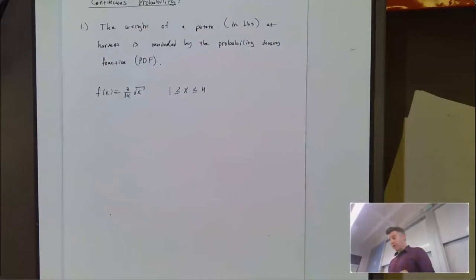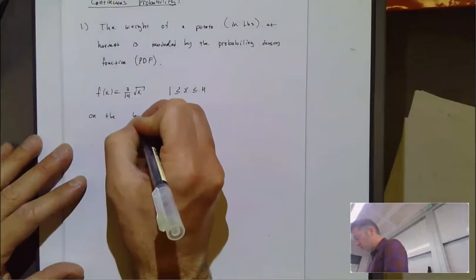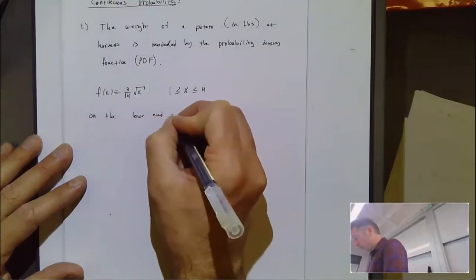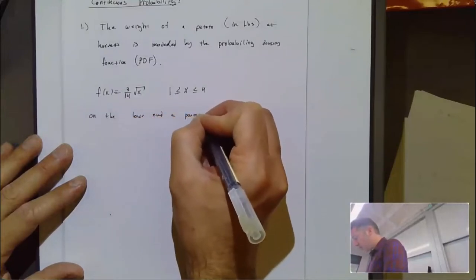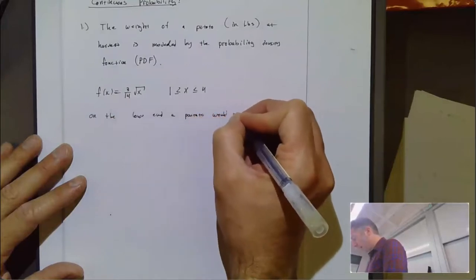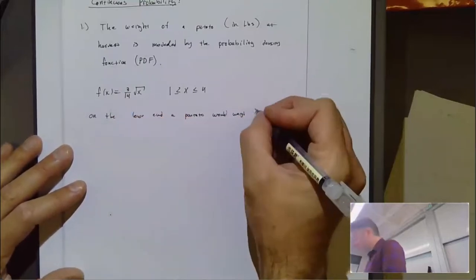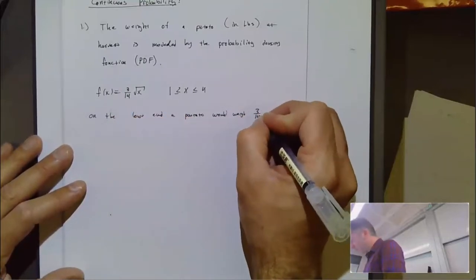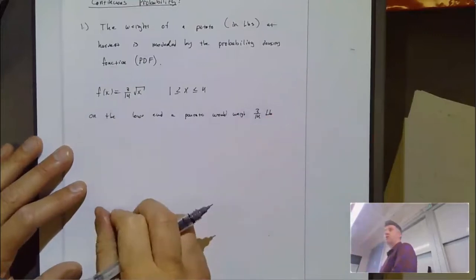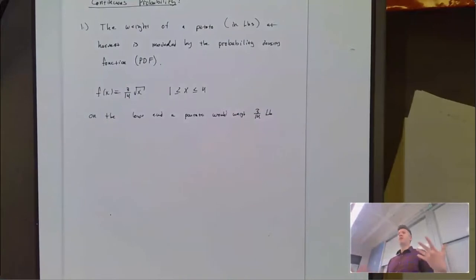Just as a point, on the very low end, a potato would weigh 3/14 times the square root of 1. So 3/14 of a pound. It's not very much, right? It's like 0.2 pounds. Potatoes vary in size, right?